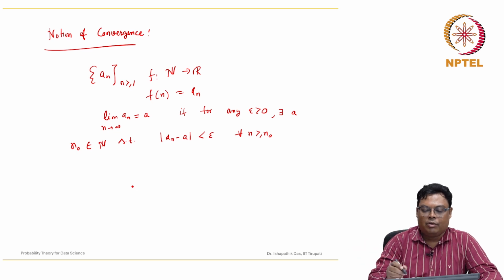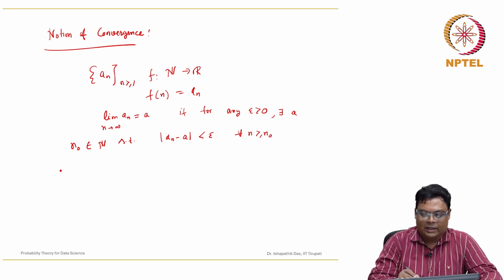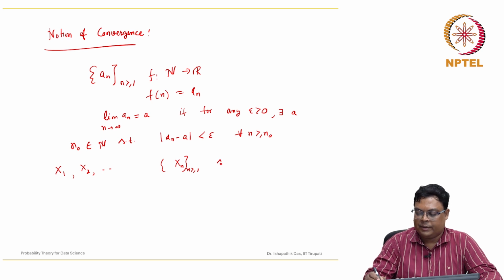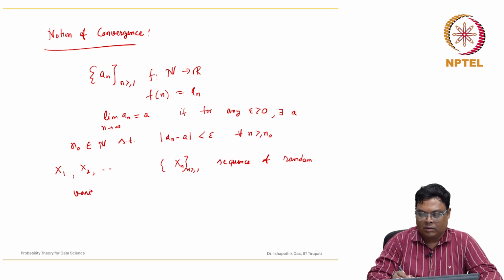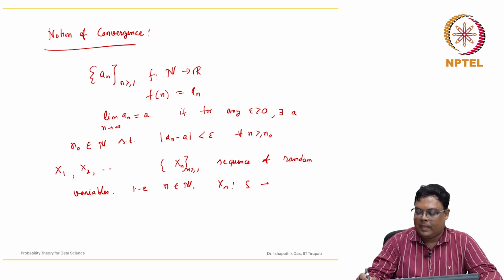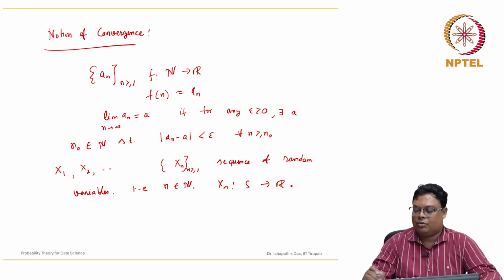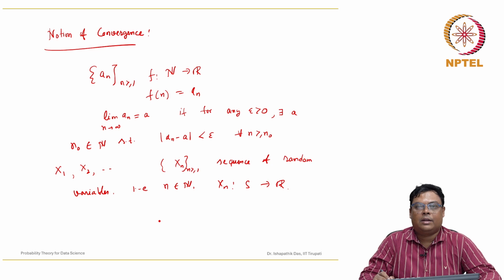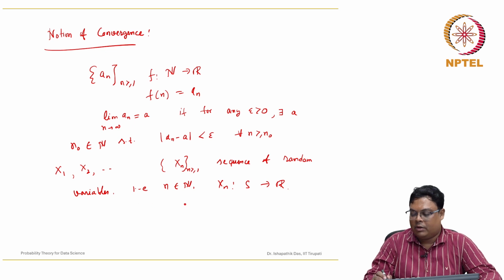Now, if we consider a sequence of random variables, in that case it is a sequence of functions. For each n we are getting a random variable x1, x2, xn. So, this is a sequence of random variables, that means each n belongs to the natural numbers, xn will be a function from the sample space S to R. Now, how will we define convergence, because it is not a real number, and also it is not just a function, it is a random variable.